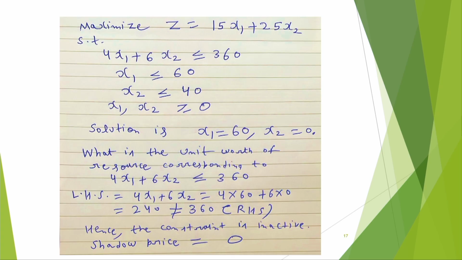That means 240 is naturally less than 360. So the constraint is feasible, no problem, but it is not equal to 360. It is not a border case. Therefore, the constraint is inactive, and therefore the shadow price will be 0. You do not have to do anything.